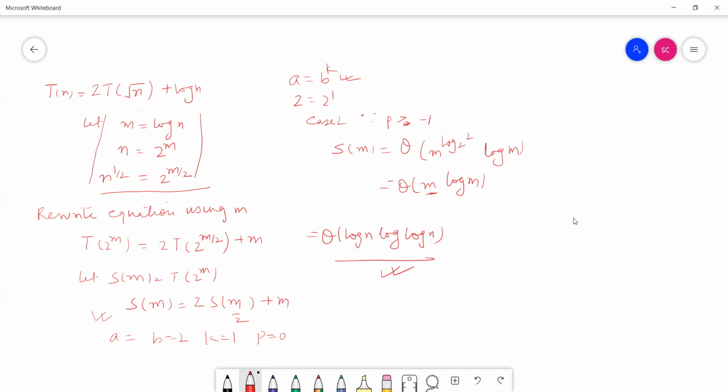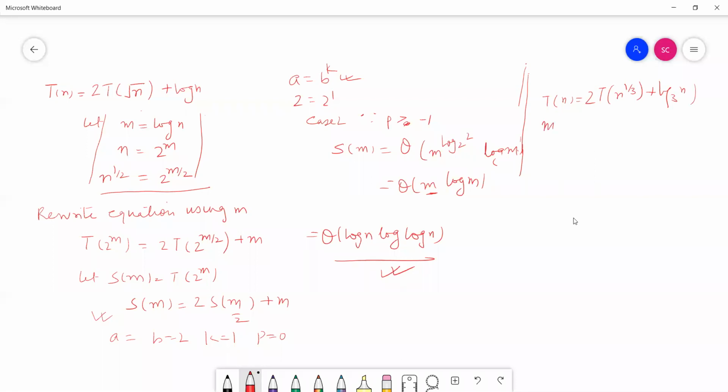Now in place of root n, I'm telling you here, suppose the question is T(n) is 2T of n to the power 1 by 3 plus log n base 3.